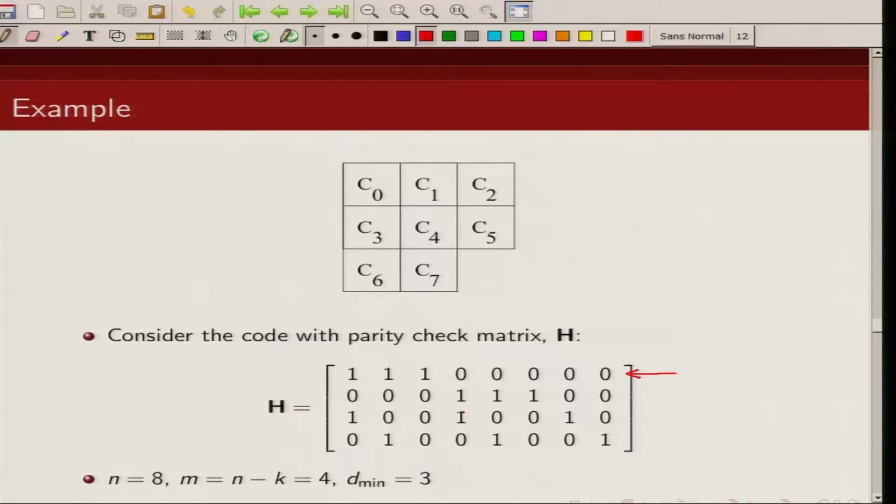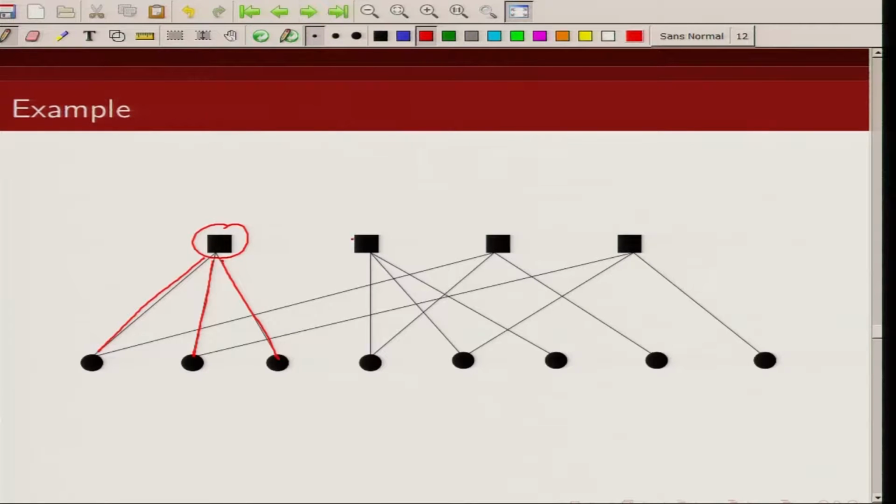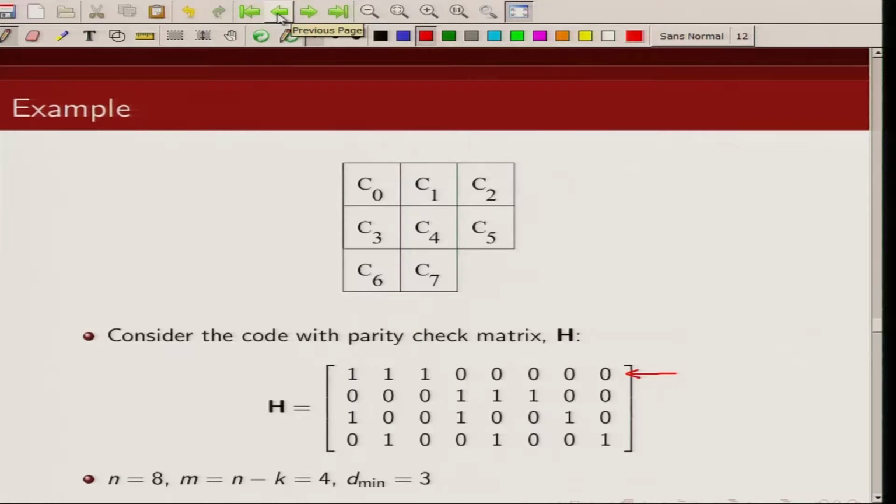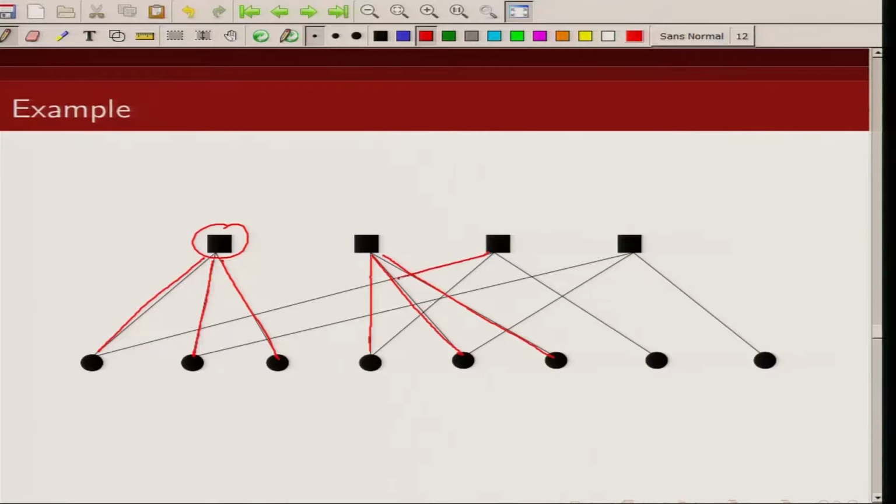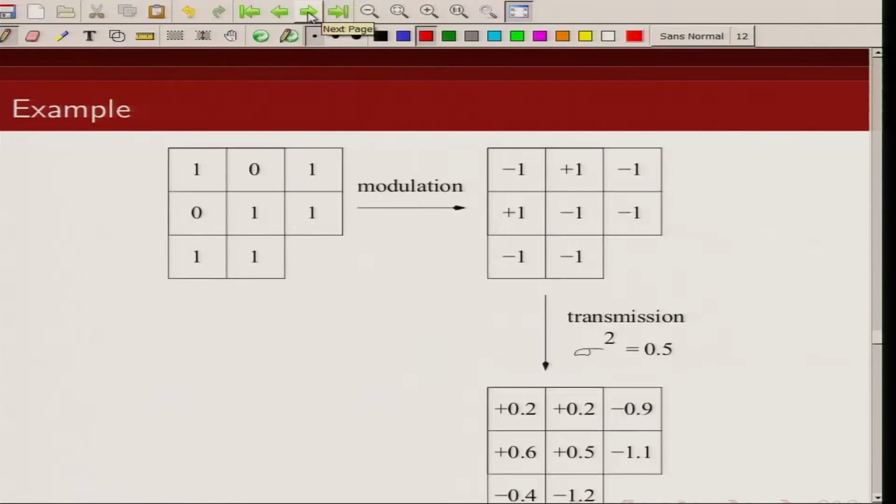The second parity check involves the 4th, 5th and 6th bits. This one involves 1st, 4th and 7th, and similarly we can verify for this also. Okay. So, this is the Tanner graph corresponding to the parity check matrix that we have drawn.